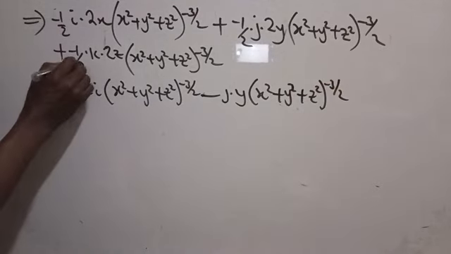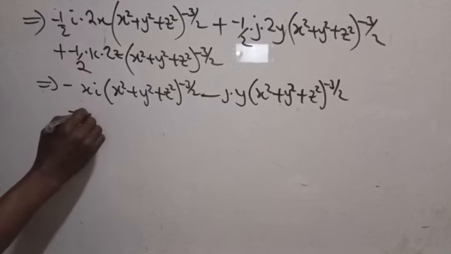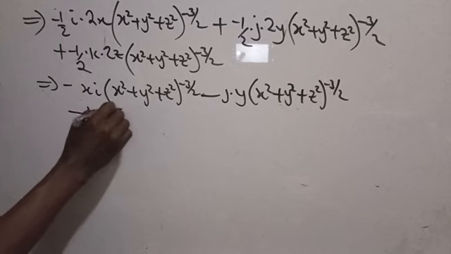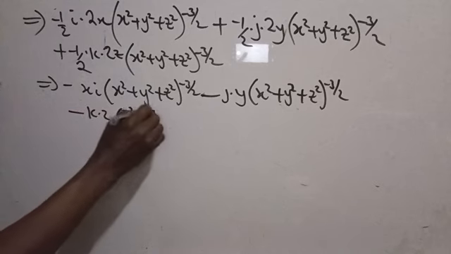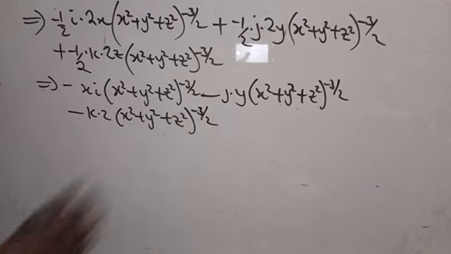Then minus yj times the same, since minus half times 2y gives minus y. Then minus kz times (x squared plus y squared plus z squared) to the power minus 3 over 2.